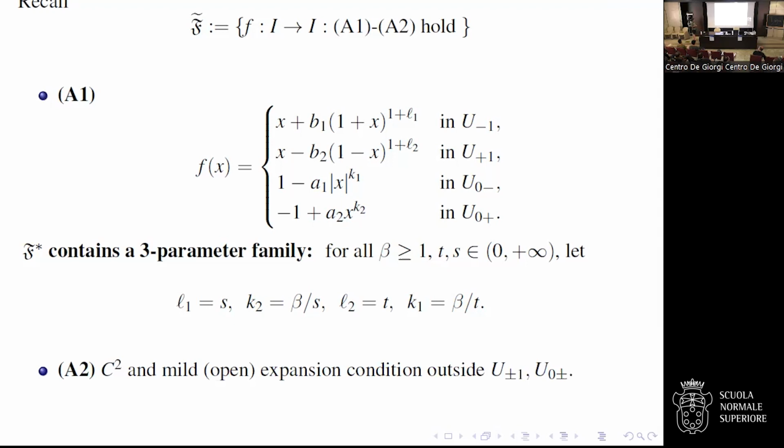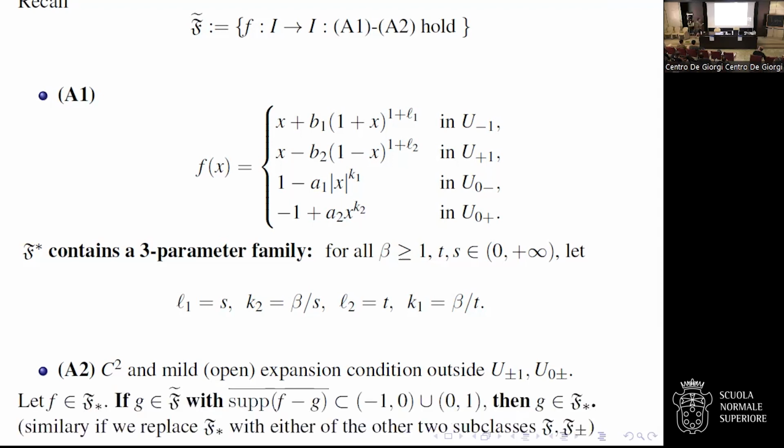Also, if you think about condition A2, which builds on condition A1, it's not an immediate consequence, it's slightly more sophisticated, but we have a theorem that says that if you choose a map F that has no physical measure, and you take any other G in the family, such that you look at the difference F minus G and the closure of its support, a perturbation of F that is strictly contained inside the left-hand side and right-hand side, then it does not even need to be small.